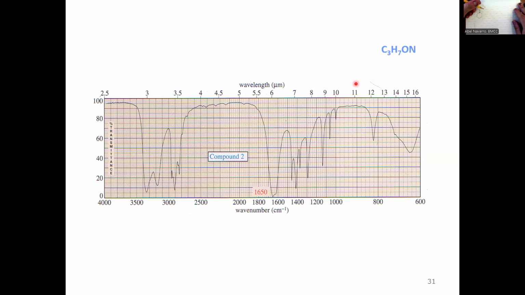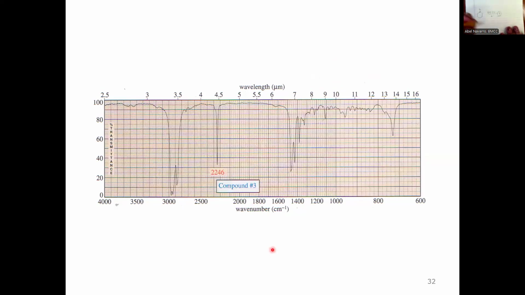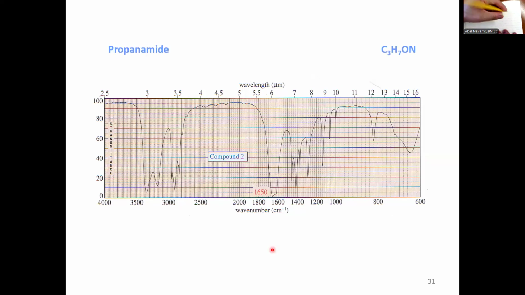DUs: C3, 6 plus 2 minus 7 plus N plus 1, divided by 2. So 8, 9 is 1 DU. Yeah, 1 DU because I have the C=O. Propanamide. Unfortunately, it doesn't show me the structure, but propanamide is this.